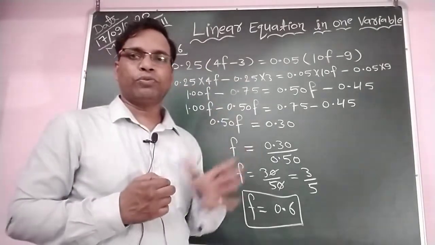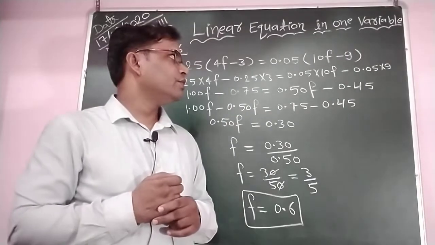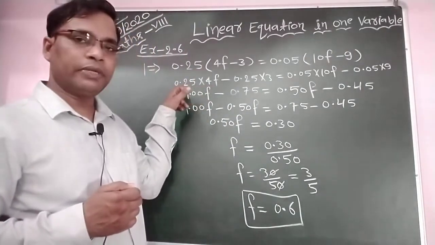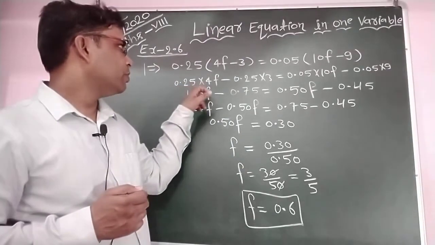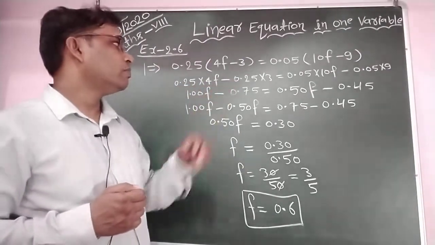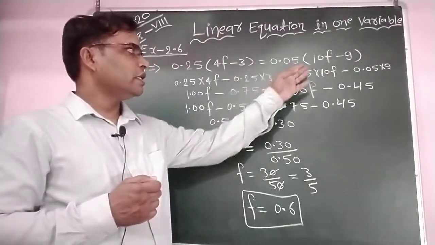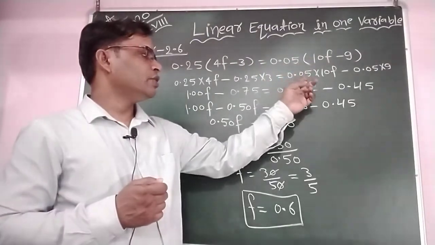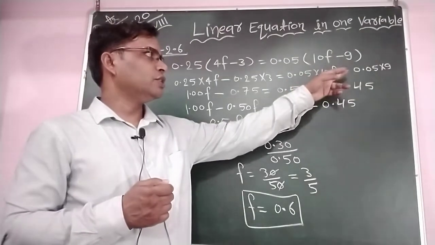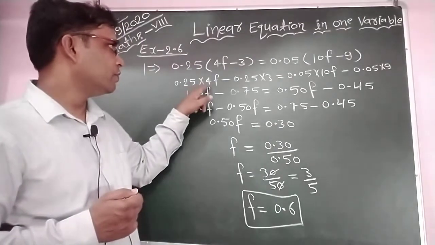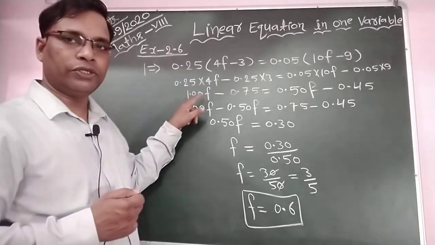So in this question, first you can see here this is 0.25 into 4f minus 3 is equal to 0.05 into 10f minus 9. When you open the bracket, you obtain 0.25 into 4f minus 0.25 into 3, and on the right hand side 0.05 into 10f minus 0.05 into 9. When you multiply 0.25 into 4, you obtain 1.00f.